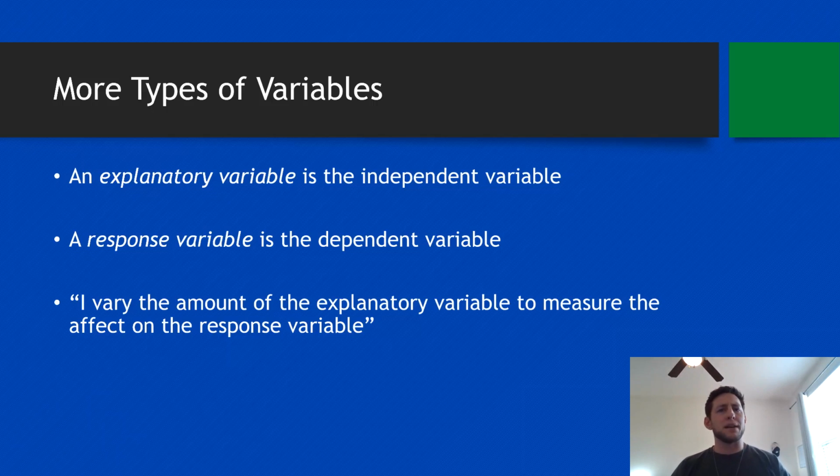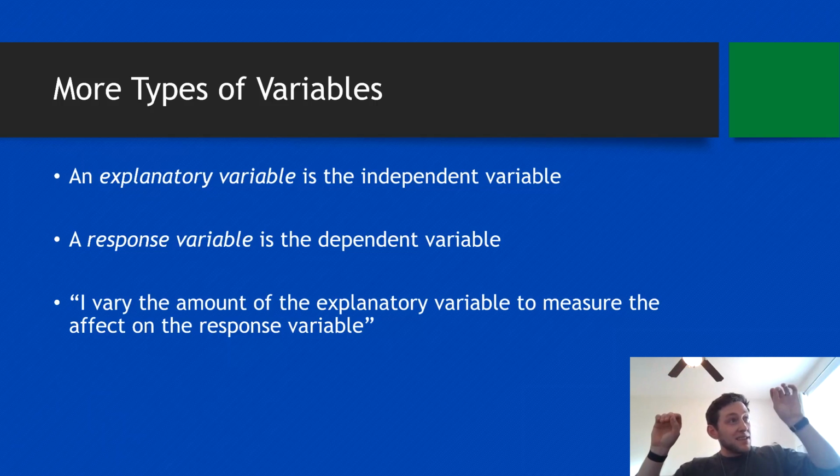Now, if those didn't really make sense in science class, here's how I typically think about it. When you're doing an experiment, what you typically do is you vary the amount of the explanatory variable to measure the effect on the response variable. So typically you tinker with it, because you think that the explanatory variable will somehow cause a change in the response variable.